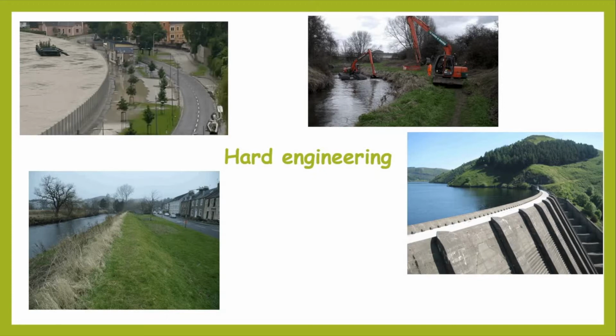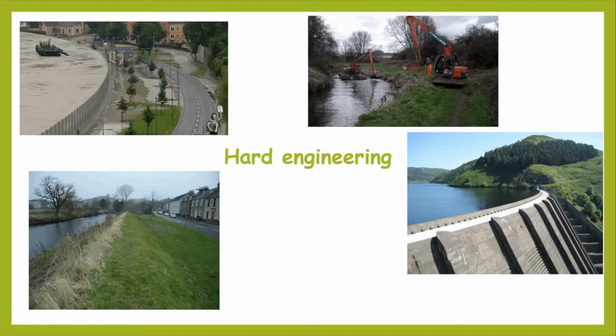Okay, if you're thinking anything along the lines of one appears to be more man-made than the other, one changes the river in some way, affects the river directly, controls the river in some way, whereas the other one works more with the surrounding land, then you're kind of along the right lines.